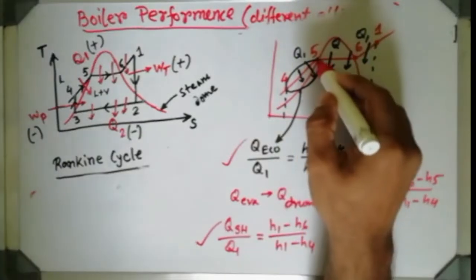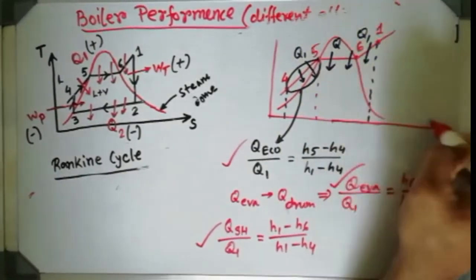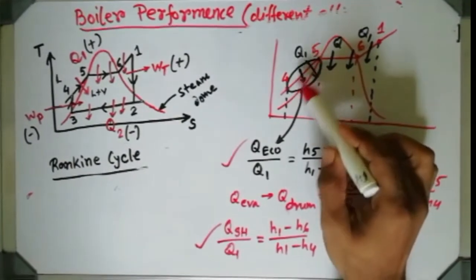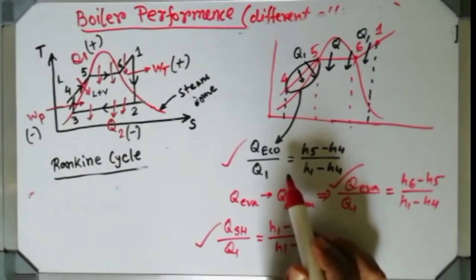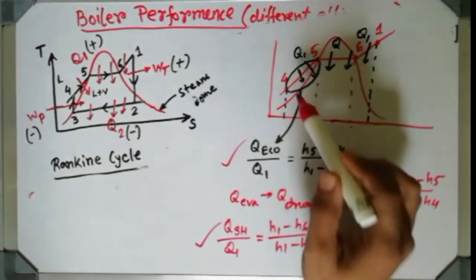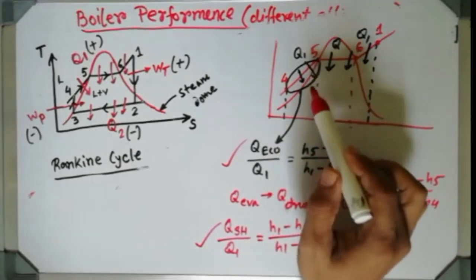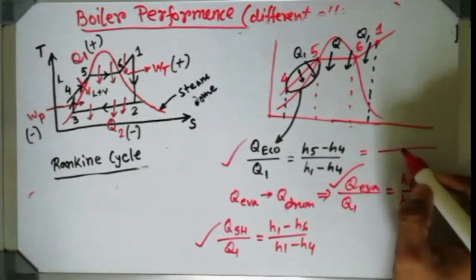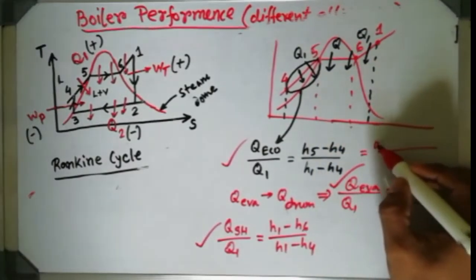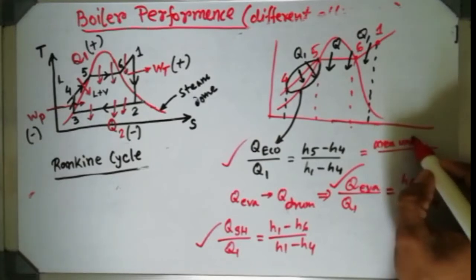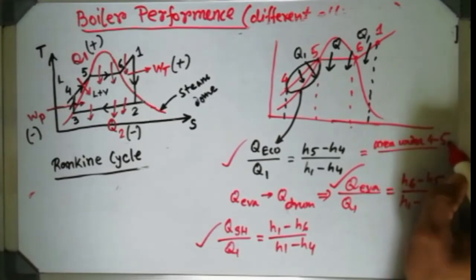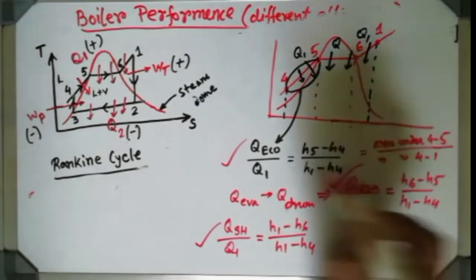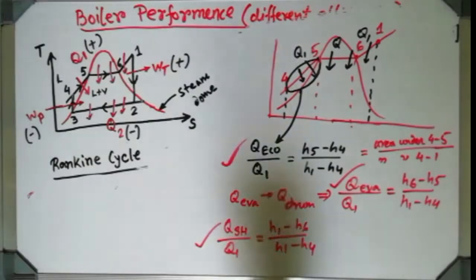You can also find it by the area under this curve. If you find the area under the curve of 4 to 5, then again you get the same thing, and the area under the curve of 4 to 1 is the whole Q1. What I am trying to say is, if you find the area under 4 to 5 with respect to the area under 4 to 1, again you can find the same thing graphically.